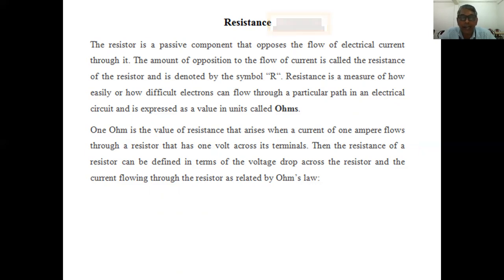If the value of the resistor is above 1000, it is identified as K, capital K, kilo ohm. If the value of the resistance is too large, then it is identified as mega ohm.